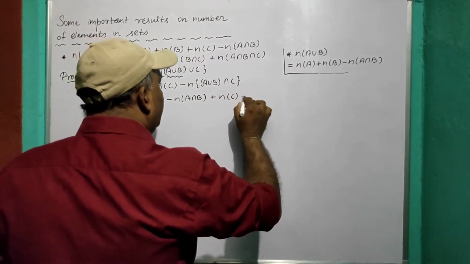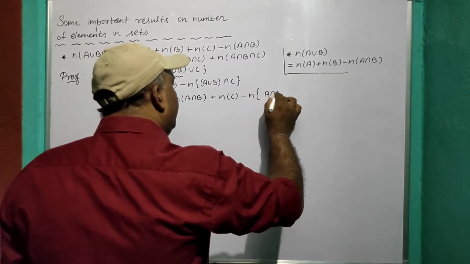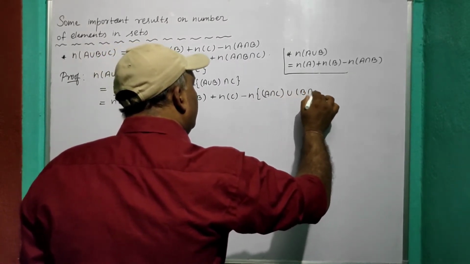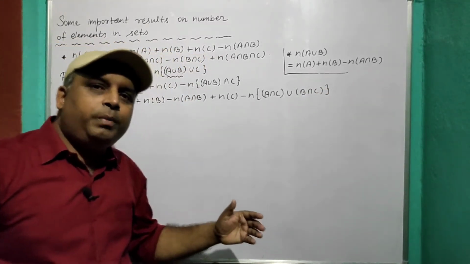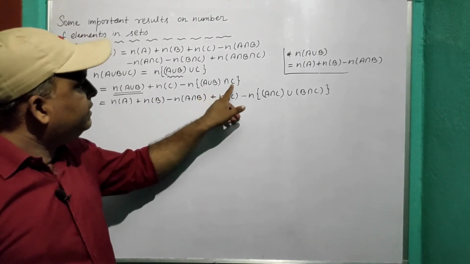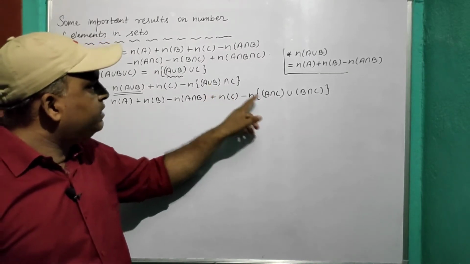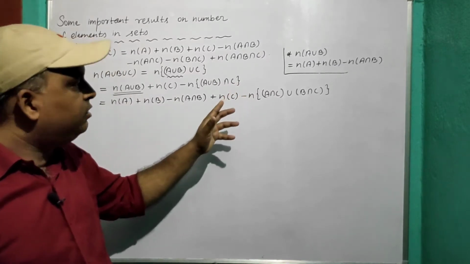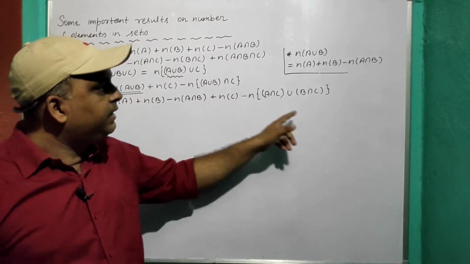Here you will write minus n((A intersection C) union (B intersection C)). हम लोगों ने डिस्ट्रीब्यूटिव लॉ पहले डिस्कस किया था. A intersection C, then you will put this union sign and then you will write B intersection C. So this is the distributive law.